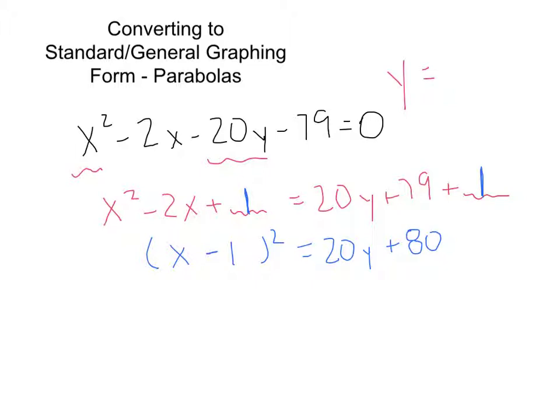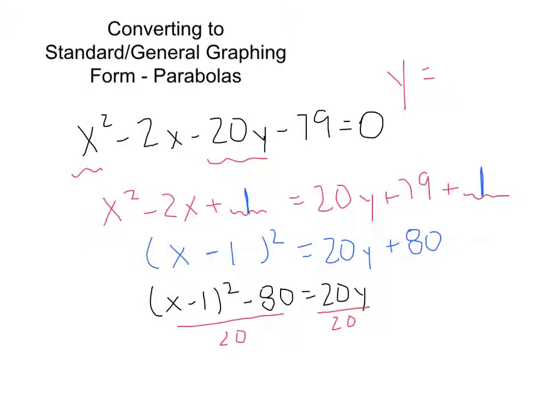So we're going to end up with x minus 1 squared minus 80 equals 20y. The last thing we need to do to get y all by itself is divide everything by 20. So we're going to end up with y equals.